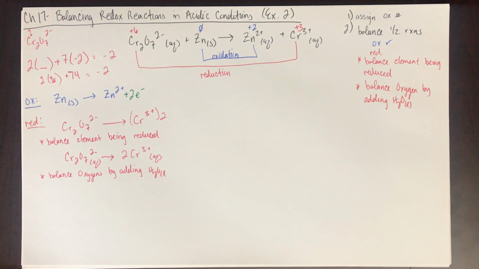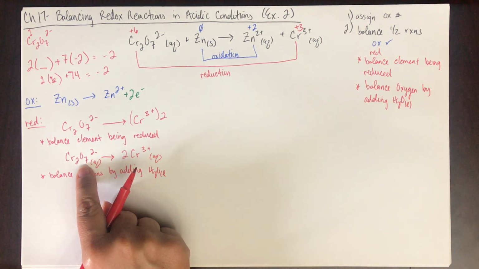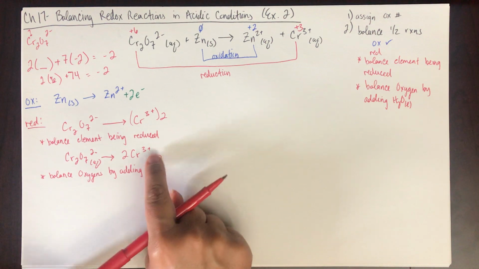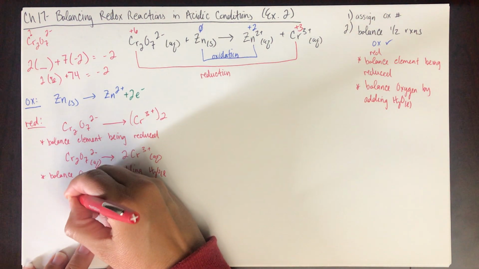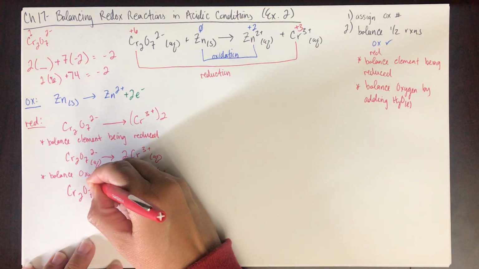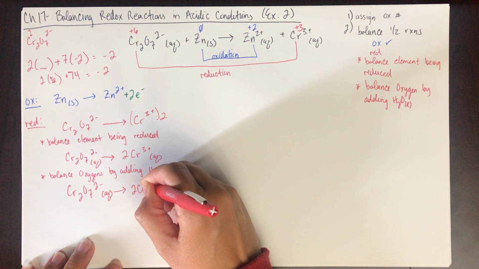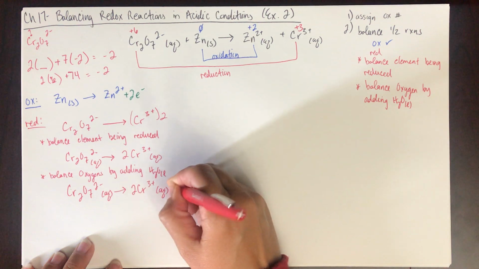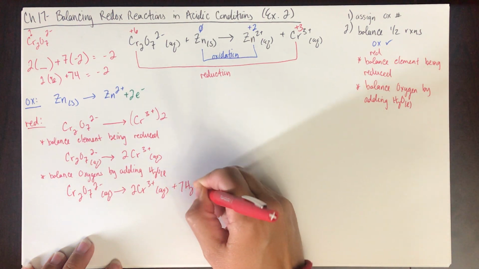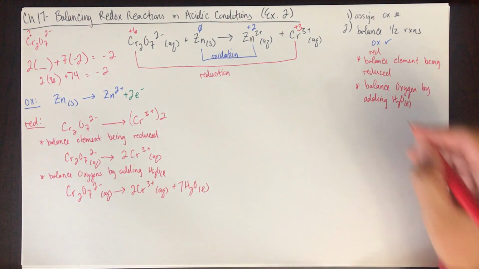This side has 7 oxygens, which means I must need to add 7 waters to this side. Plus 7 water. Okay, now the oxygens are balanced.